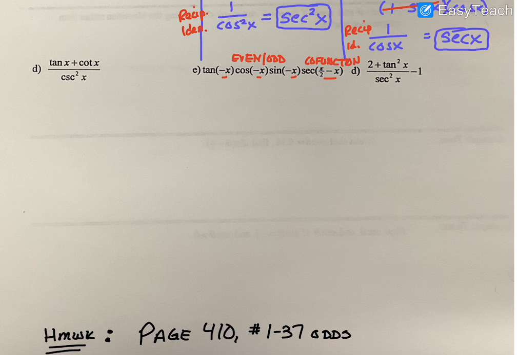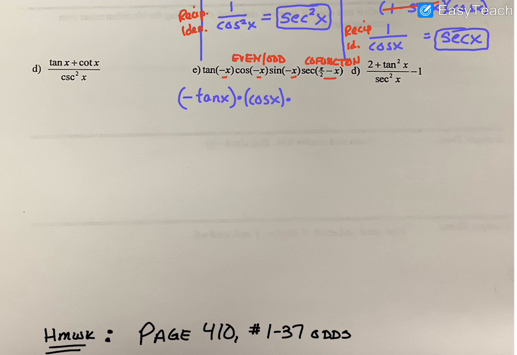So let's try it. You're going to have to flip back and forth. Tangent of negative x, according to our even and odd identities, is equivalent to negative tangent x. I'm going to put these in parentheses so things don't get confused. Cosine of negative x, according to our even odd identities, is positive cosine x.